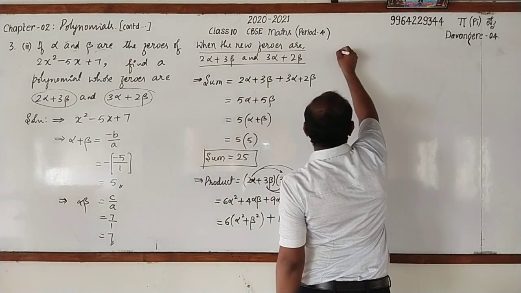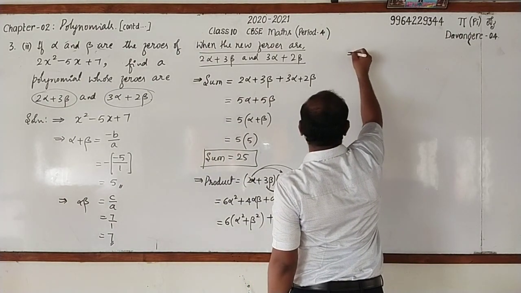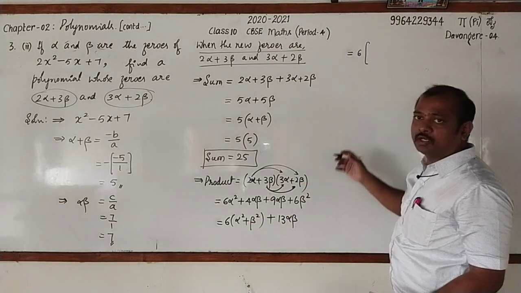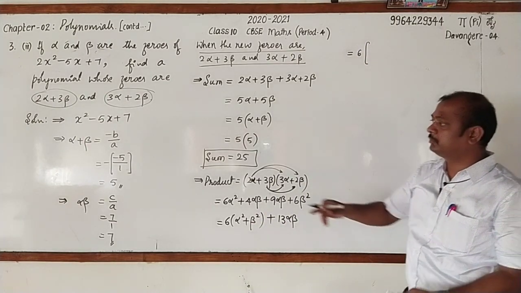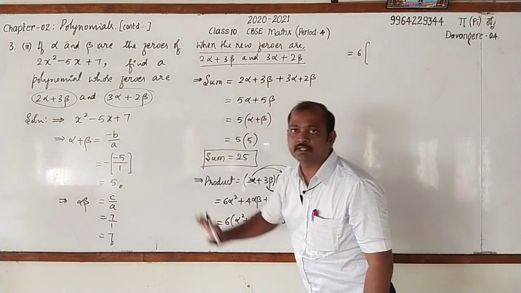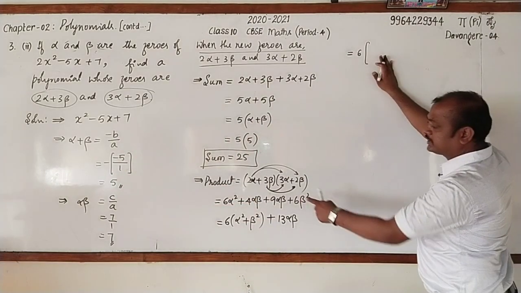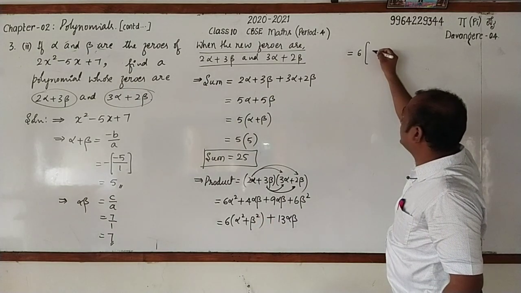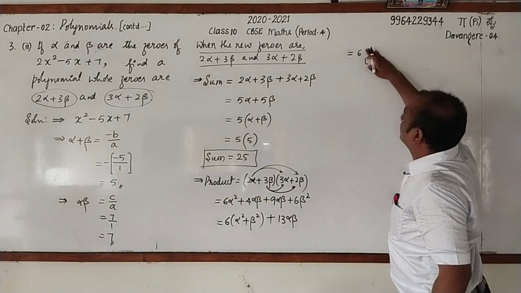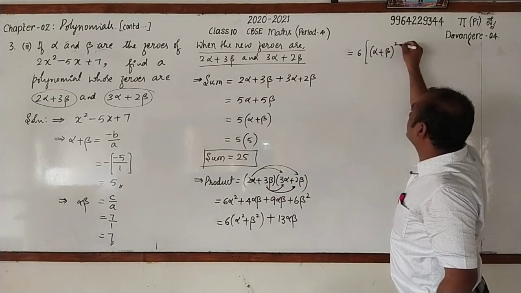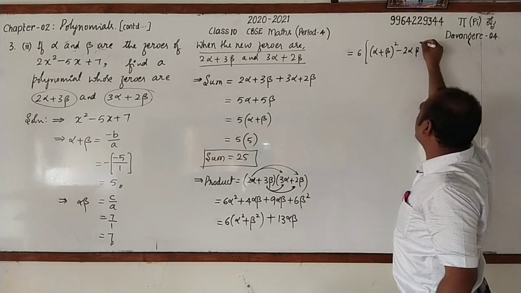Next, I am continuing here regarding the product. 6 into, we do not know what alpha square plus beta square is, but we know only alpha beta and alpha plus beta. Hence, let us write alpha square plus beta square as alpha plus beta whole square minus 2 alpha beta.